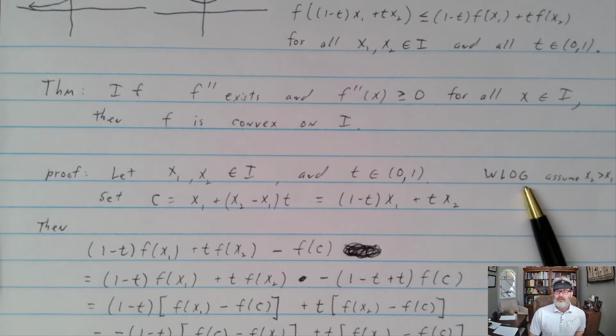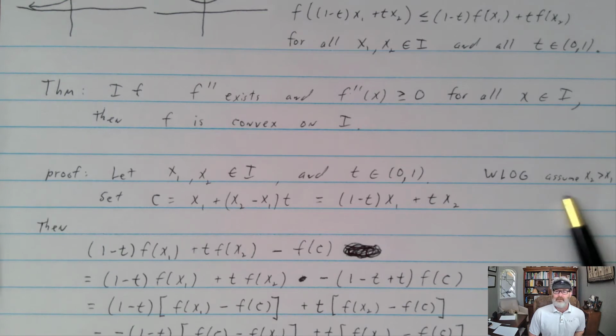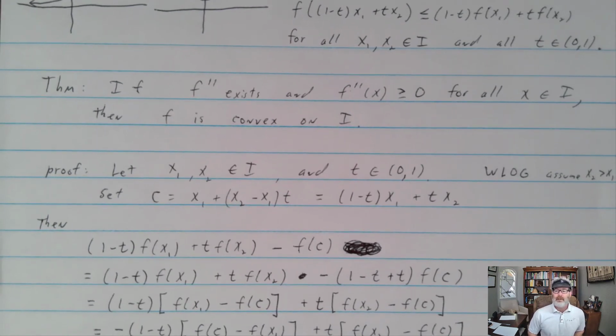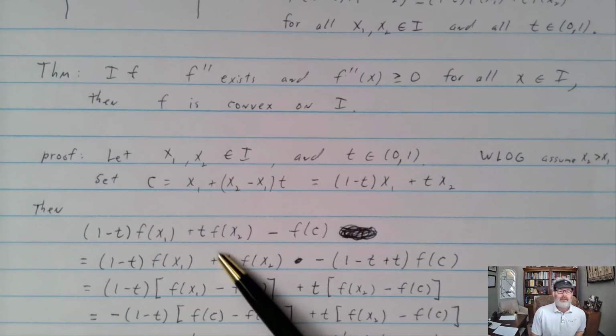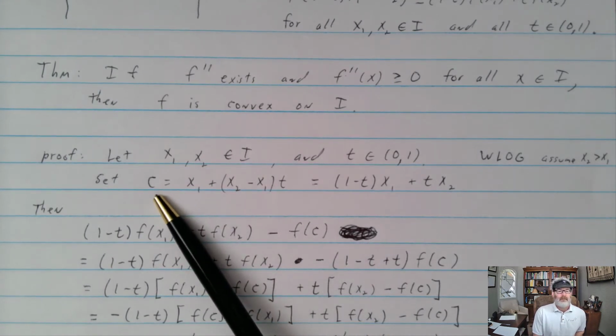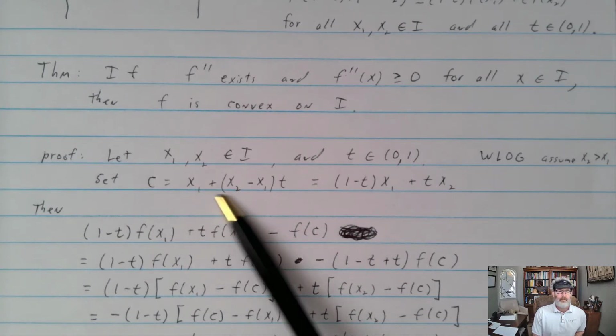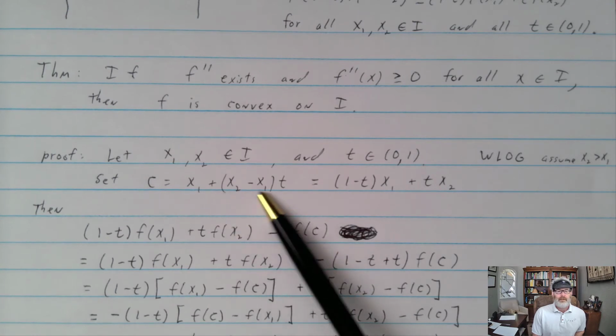And without loss of generality, let's assume x2 is greater than x1, and we could rework it if x1's less than x2, but what I do below, I'm going to kind of need x2 bigger than x1, and then you'd have to redo some things if x1 were bigger than x2. But we'll set c, I probably should have used z again, but I use c, so c equal to that, this point in between x1 and x2.